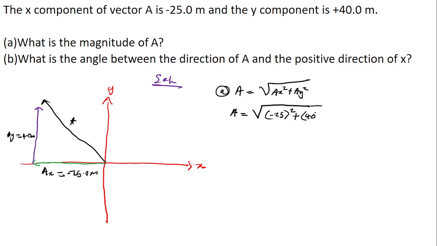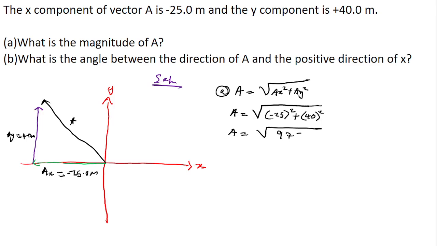From there you can say A is simply equal to the square root of 25 squared plus 40 squared. What are you getting? 975.